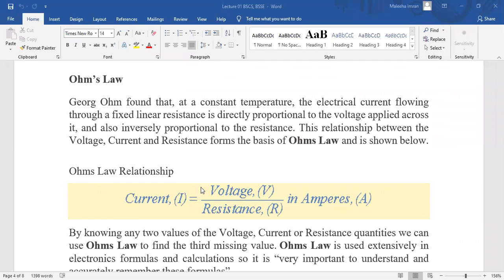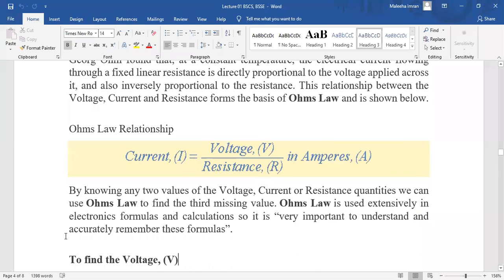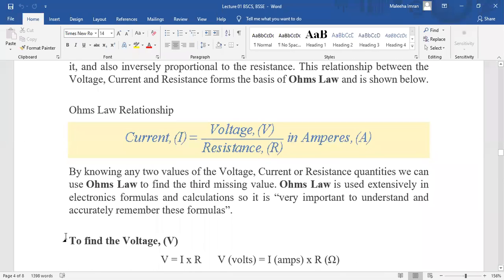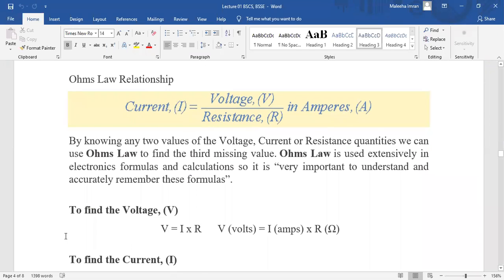So from here, we can write voltage will be equal to the current into the resistance. And this is known as Ohm's law. So we can write the formula that V is equal to IR.